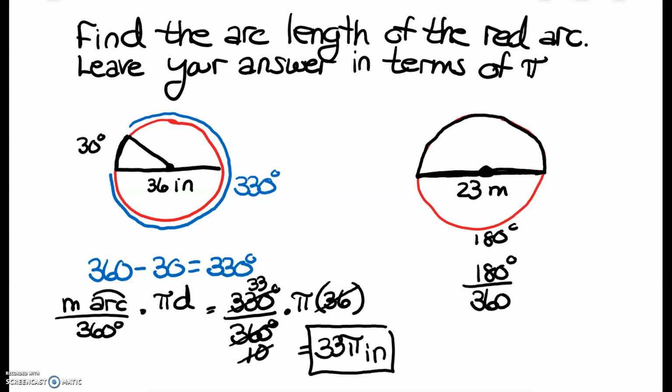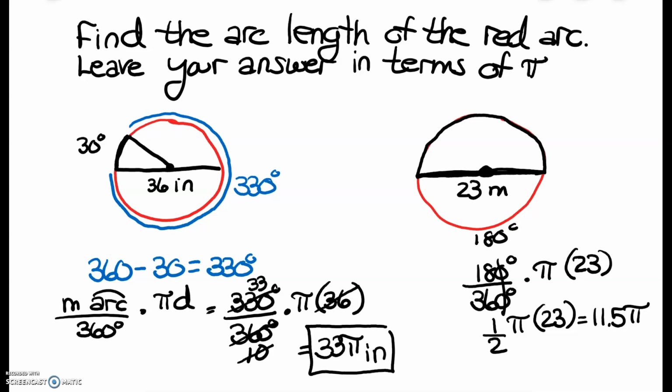So it's 180 degrees over 360 degrees times pi times my diameter, which is 23. So when I reduce, 18 over 36 is going to be 1/2 pi over 23. So half of 23 is 11.5 pi meters. And that's the arc length.